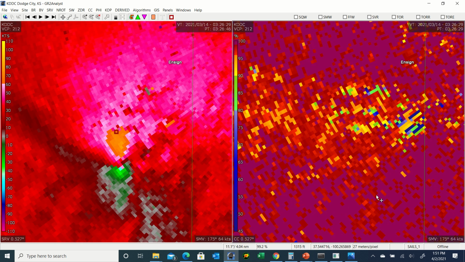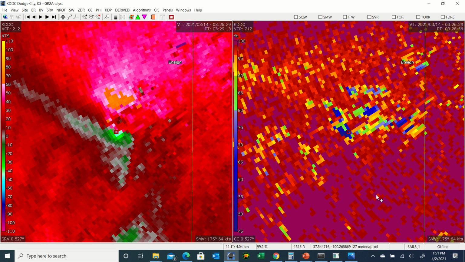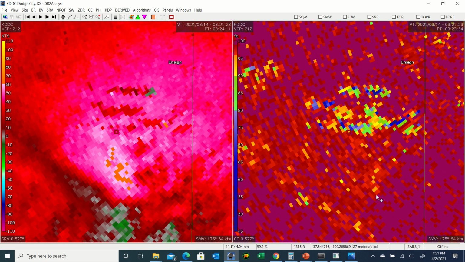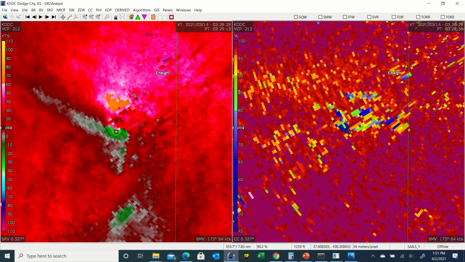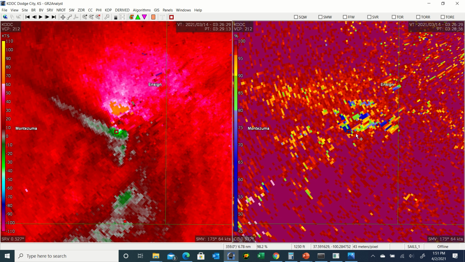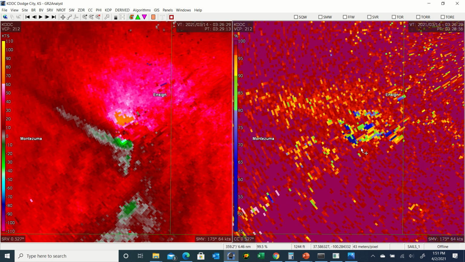But one of the things that was being discussed is people thought this was the wind farm playing artifacts. So again, there's the wind farm ahead of time. And then there's, I would argue, probably tornado debris, again, with the benefit of hindsight. But let's just go to the next one.